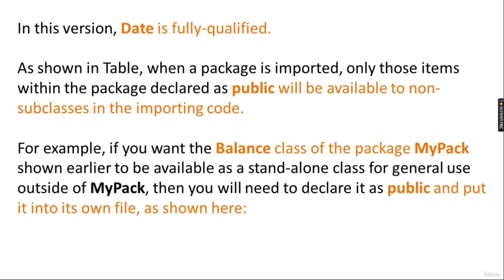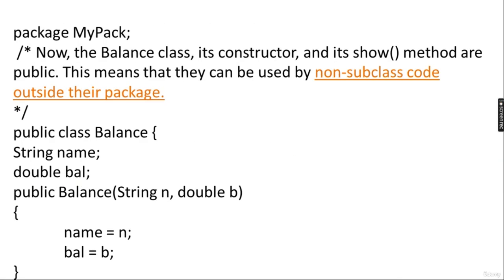So in the previous example we saw a Balance class in mypack, and if you want to use that Balance class outside of mypack, you should declare it as public, as we have seen in the access specifier table. In package mypack, the Balance class, its constructor and its show method are now public. This means that they can be used by non-subclass code.